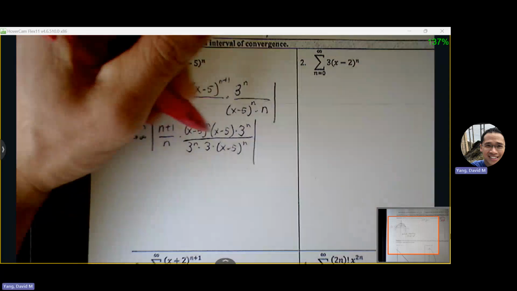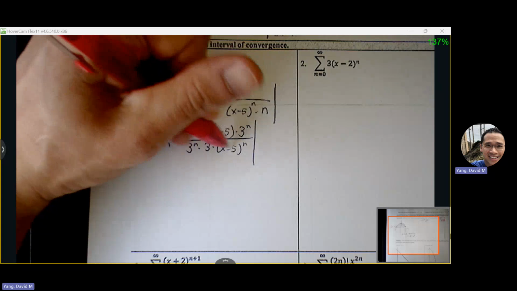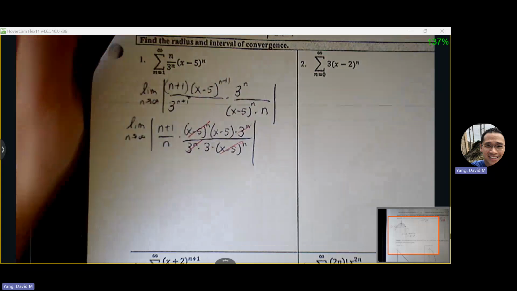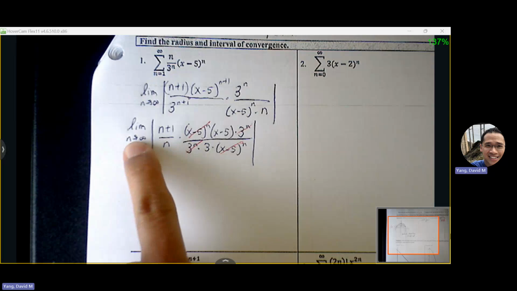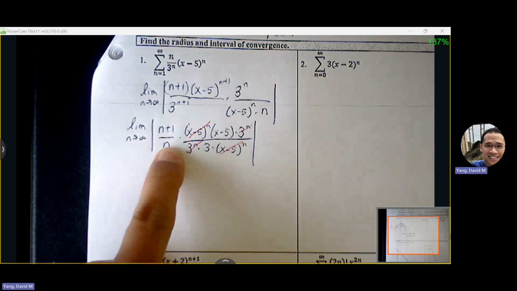So I'm going to start canceling a bunch of stuff out. X minus 5 to the n will cancel out. 3 to the n will cancel out. And here, the limit as n approaches infinity of n plus 1 over n.